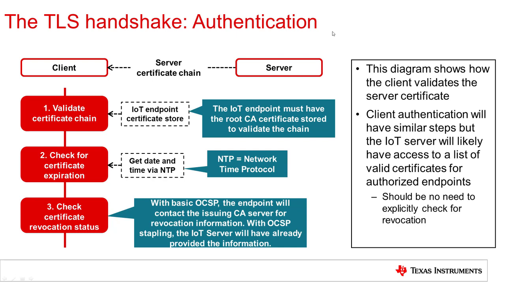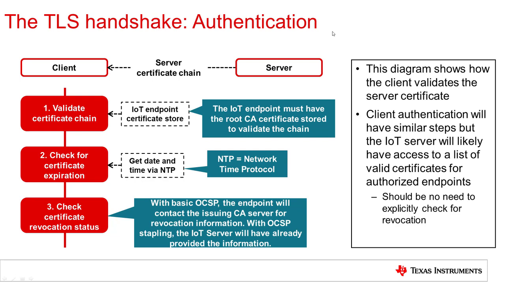Following these three steps, the client can now be sure that the server's certificate is in fact valid for use. There is an additional step that needs to be done. We'll cover this in the next section, but essentially the client at this point doesn't know if the server owns the private key associated with the public key in the certificate.